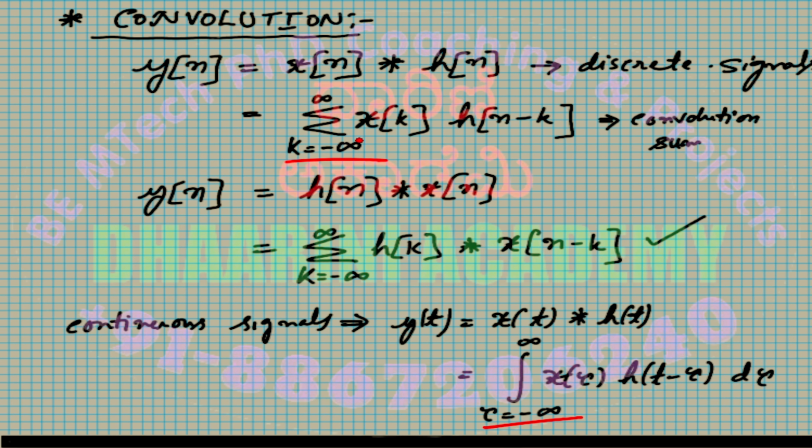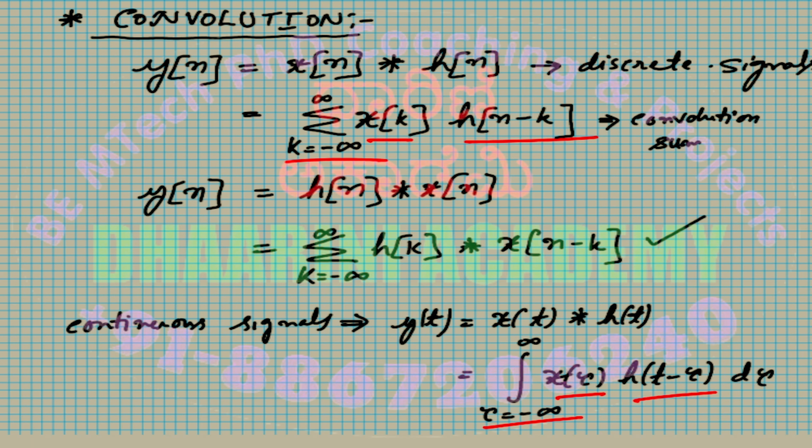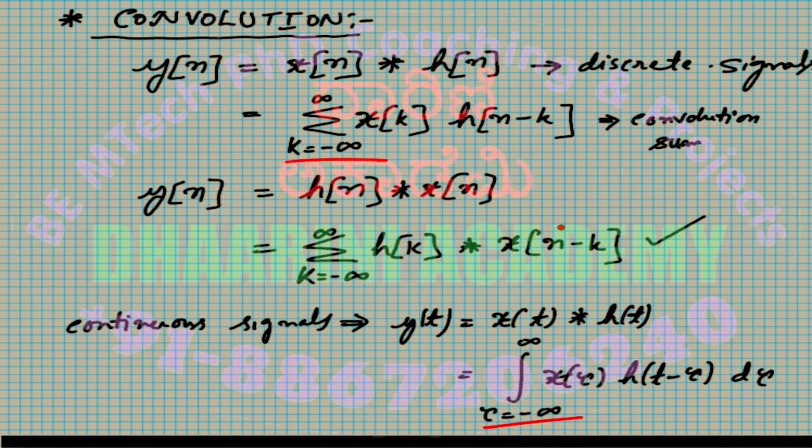Instead of x of k, I write x of tau. Then h of n minus k becomes h of t minus tau, because t is my continuous variable and tau is the variable of integration. We apply that, and as a result we get the final answer in this fashion.